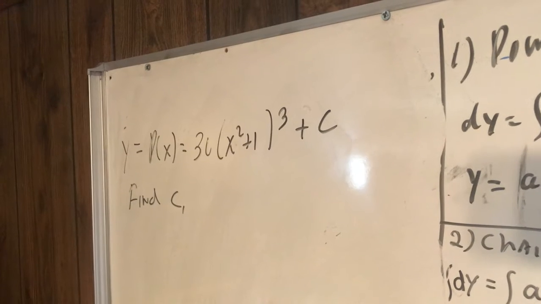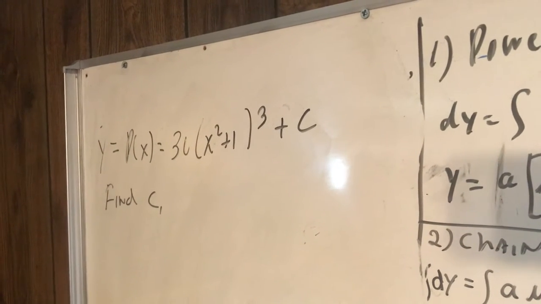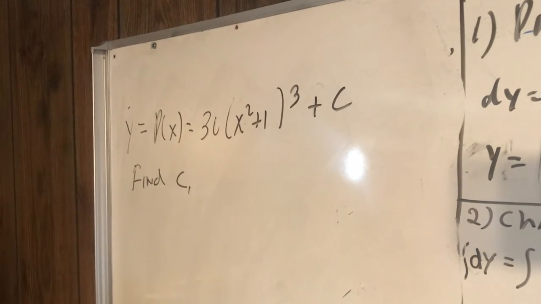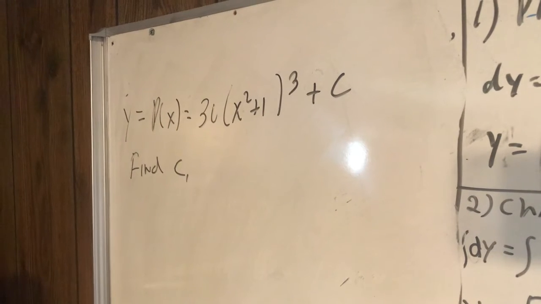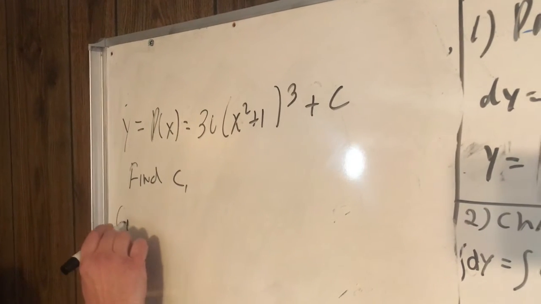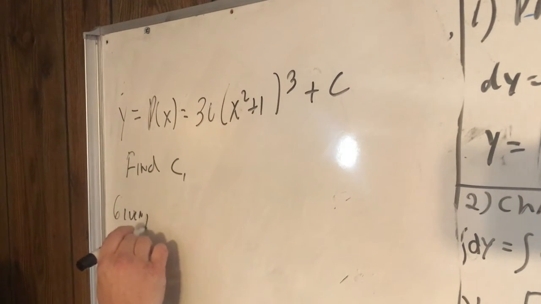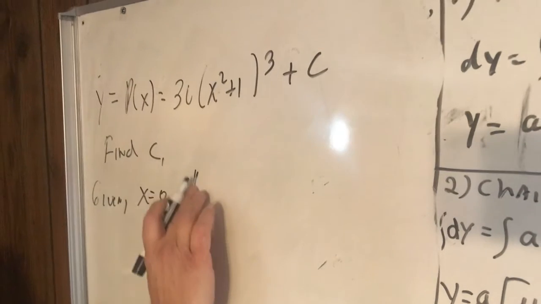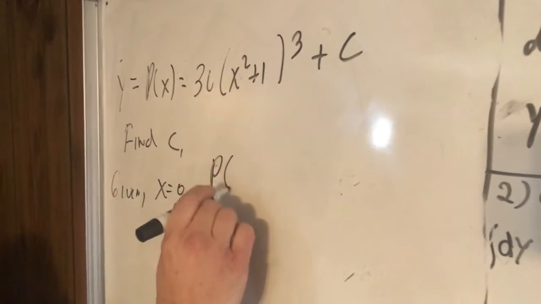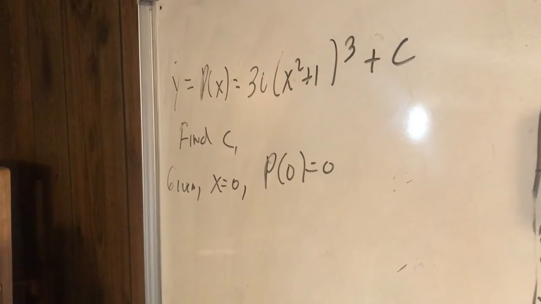Let's see what they give us. It says when x equals 0, P is 0. So let's substitute that in here.